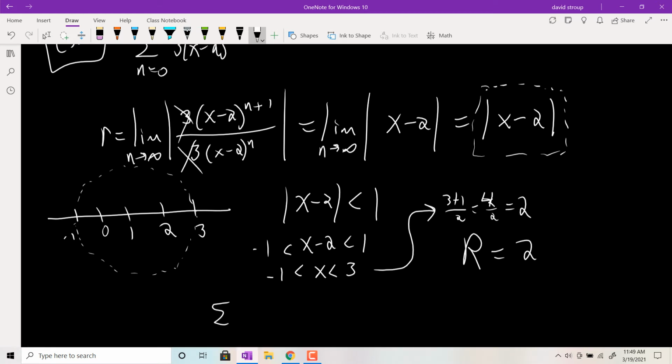And literally now you can plug that into your summation up there. So our summation, if you look above, x minus 2, right? You could use any x value in this interval and it'll be convergent. So say, for instance, 2, right? Well, clearly that's going to be convergent because it'll equal 0, but any other one other than that. So let's say 0, minus 2 to the n.